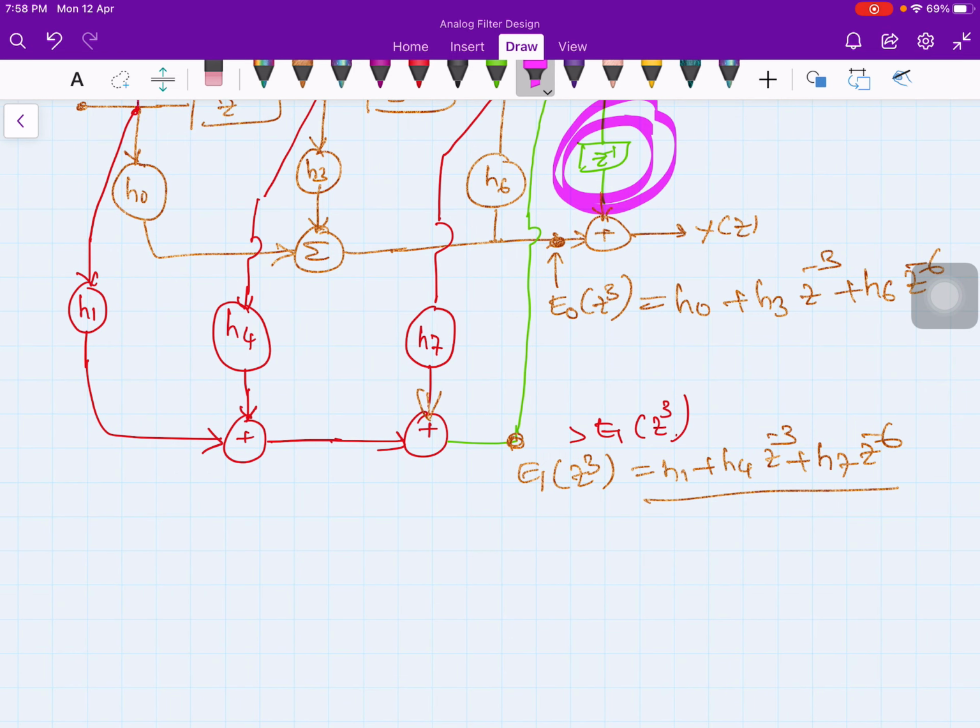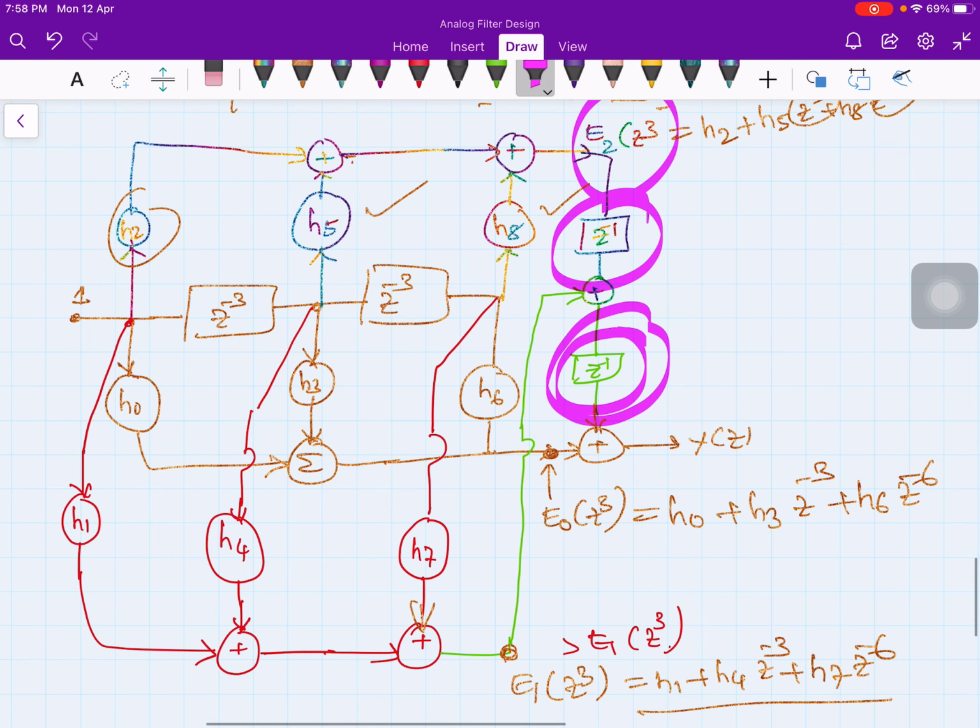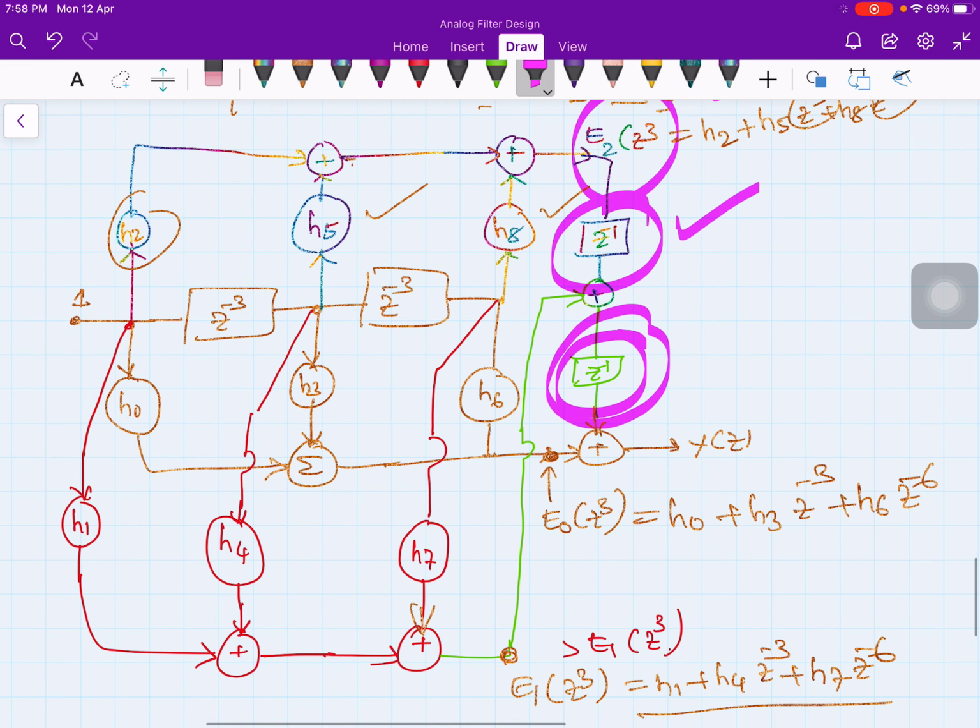So e2 of z cubed goes through 2 delays. So the first delay is, I put it here. e1 of z cubed goes through 1 delay. So I combine e2 of z cubed and e1 of z cubed and then use another delay, this delay.